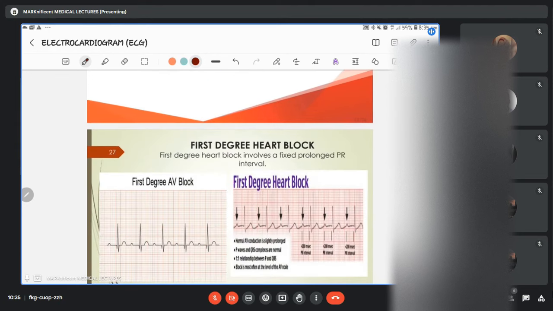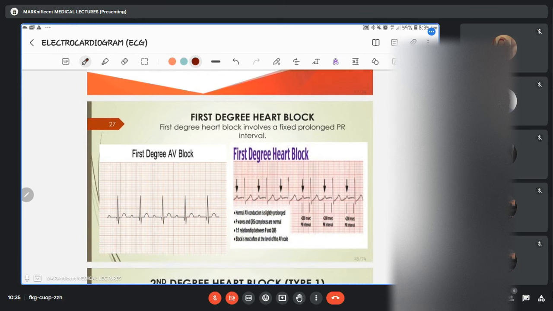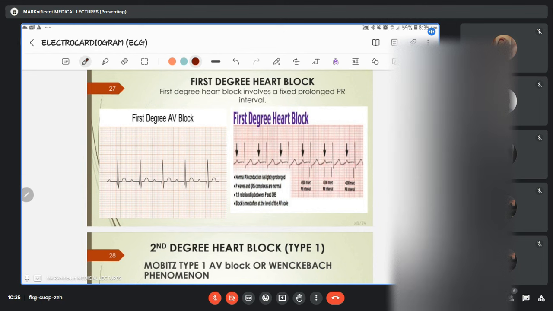So going by this definition here, the first degree heart block involves a fixed prolonged PR interval, and this first degree block occurs when there is normal AV conduction which is slightly prolonged. So the AV node itself will prolong this impulse, and then it will release it.